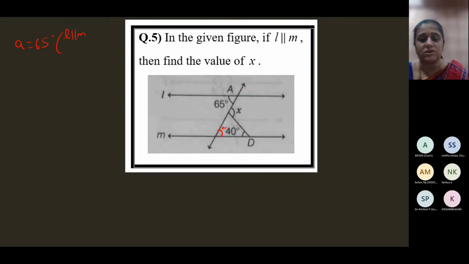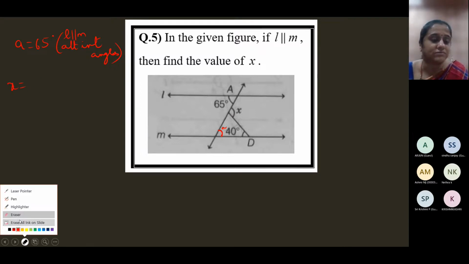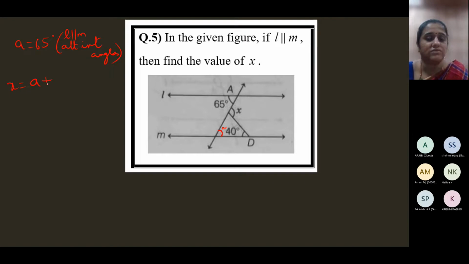And okay, they have not named the transversal. So L parallel to M, alternate interior angles. You can just write alternate interior angles. So A is equal to 65 degrees. Now x is equal to A plus 40, exterior angle property.